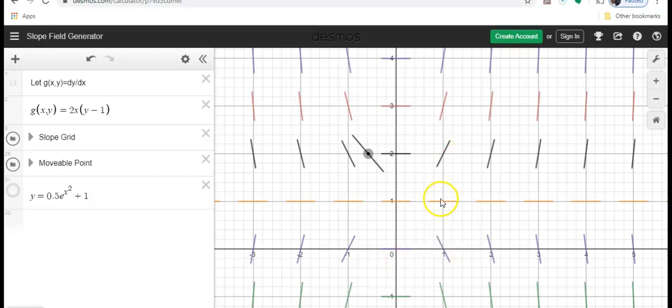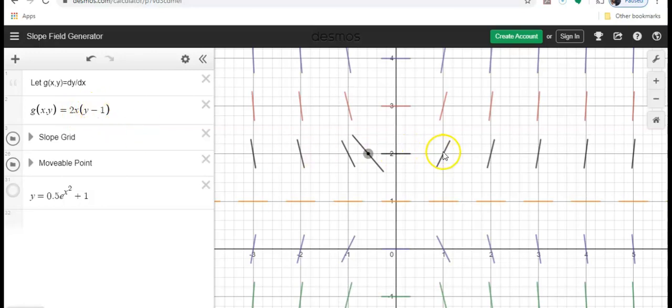At the ordered pair (1, 2), we see a kind of medium positive slope right there within the slope field. What happens if you take the x value of 1 and the y value of 2 and plug it into this derivative? Well, you're going to get 2 times 1 times (2 minus 1). So 2 times 1 times 1, if you simplify that, will give you 2.